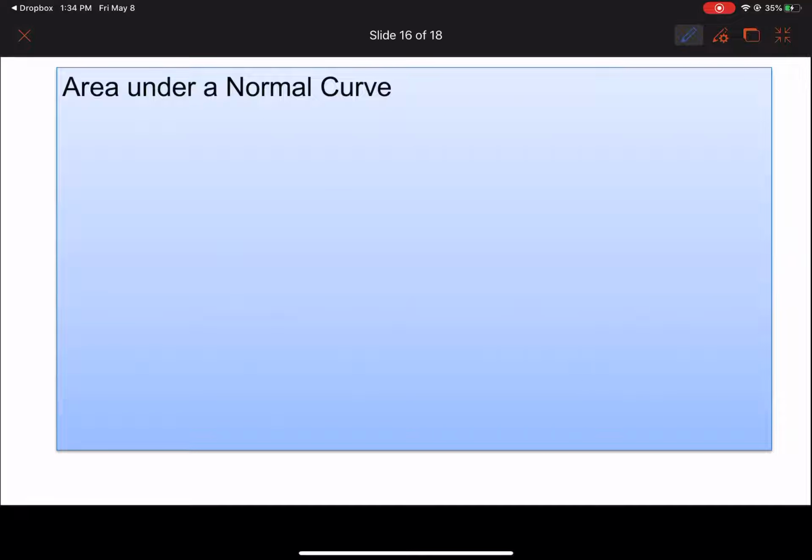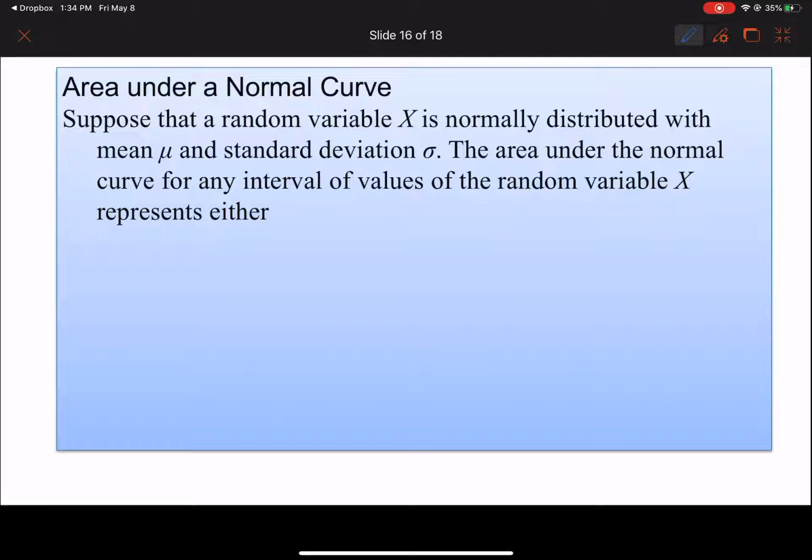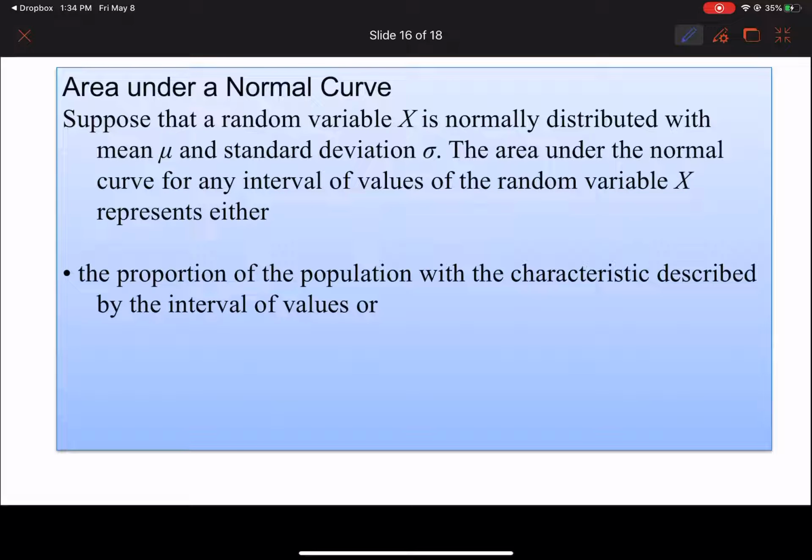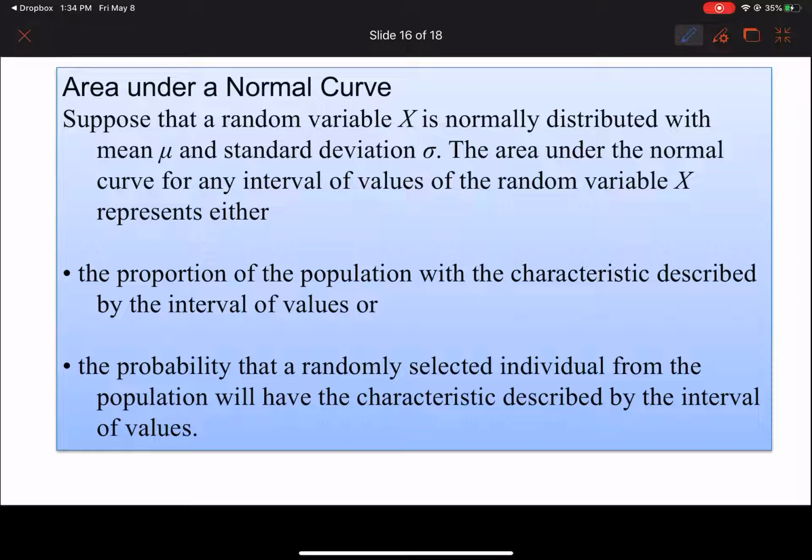So let's talk about that area under a normal curve. Suppose that a random variable x is normally distributed with a mean mu and a standard deviation of sigma. The area under the normal curve for any interval of the values of the random variable x represents either the proportion of the population with the characteristics described by the interval of values, or the probability that a randomly selected individual from the population will have the characteristics described by the interval of values.